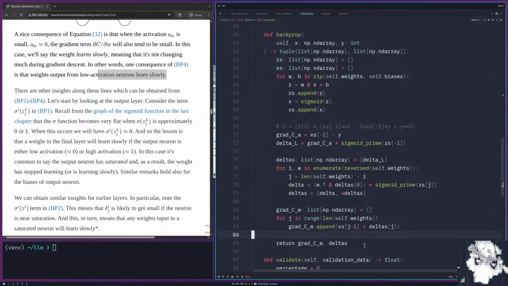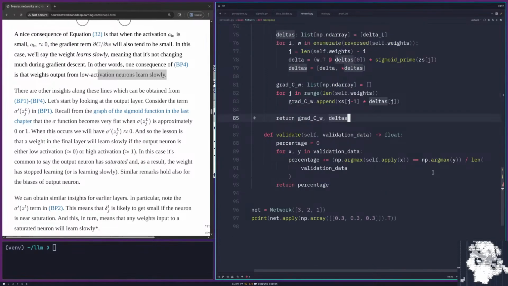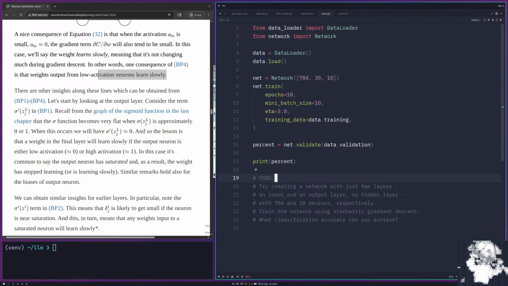You know what? We can run this now. Let's try it. It's not gonna work, but we have what we need. Python main.py.